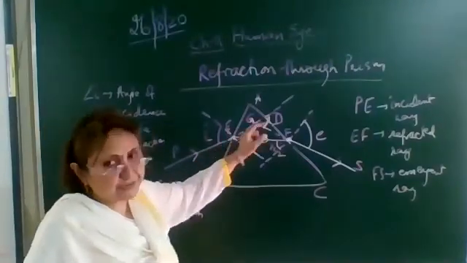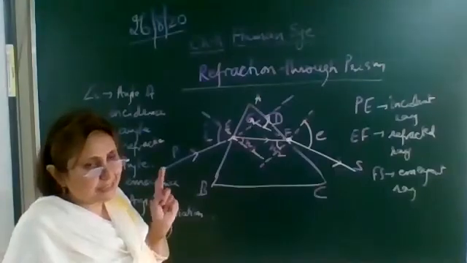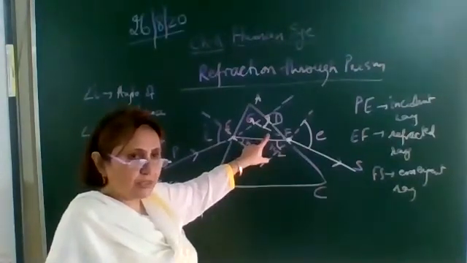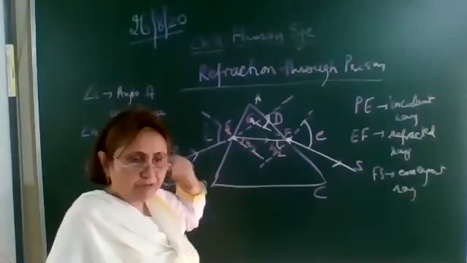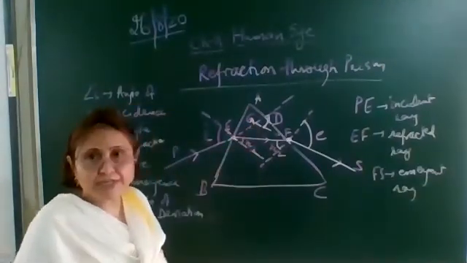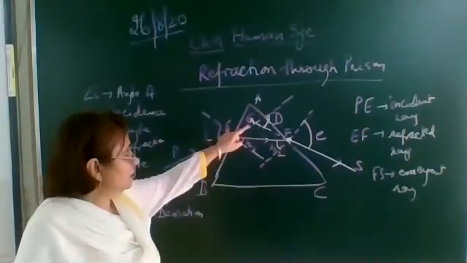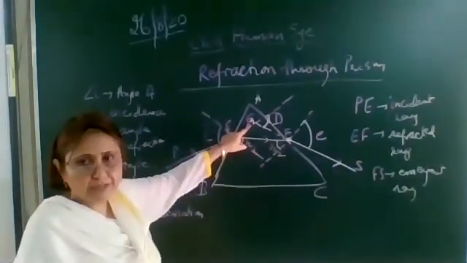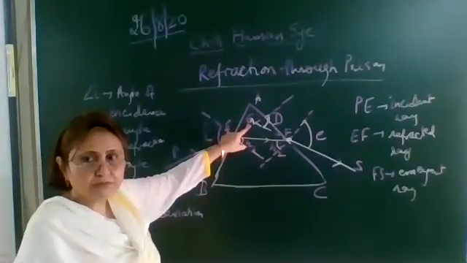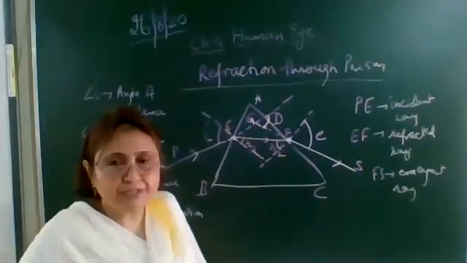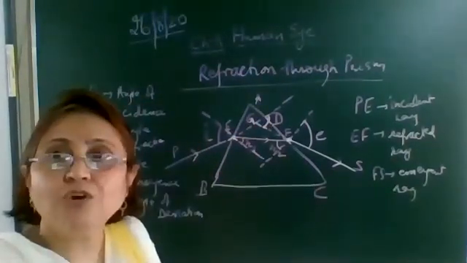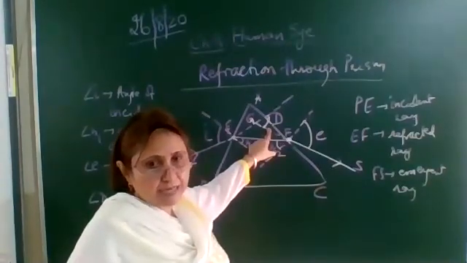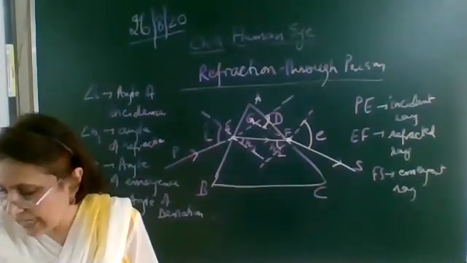Write down: when the incident ray is extended forward and the emergent ray extended backward, they meet at a point, capital G. The angle formed between them, that is angle D, is called the angle of deviation.